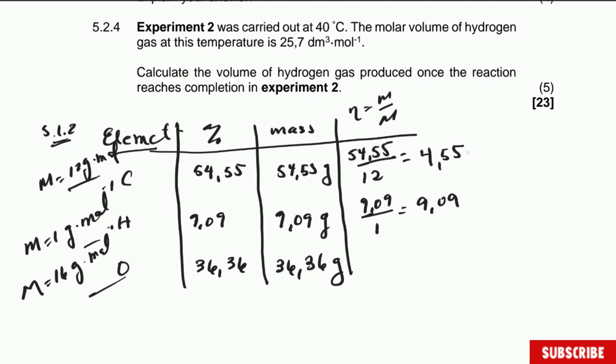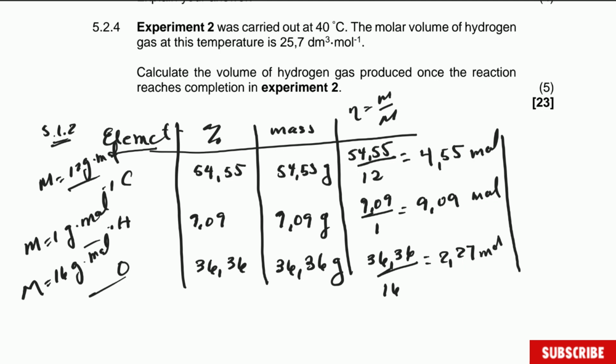All this is in moles. And then the last one, guys, is 36.36 divided by 16, and that gives me 2.27. Alright, so we calculated the number of moles for each of them.